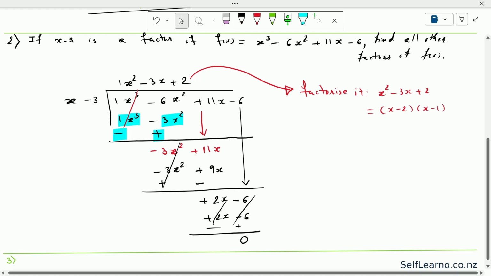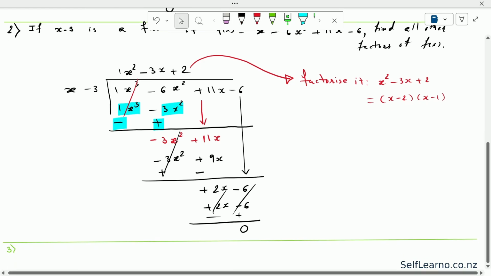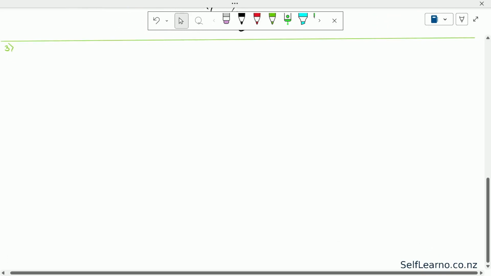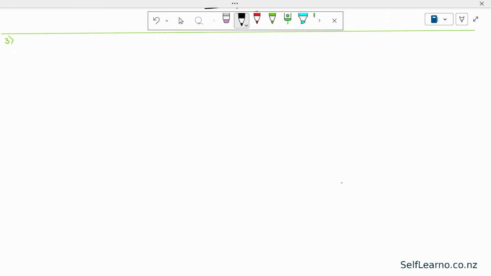I'm giving you an easy target. Okay, small target. So you will not face big numbers.